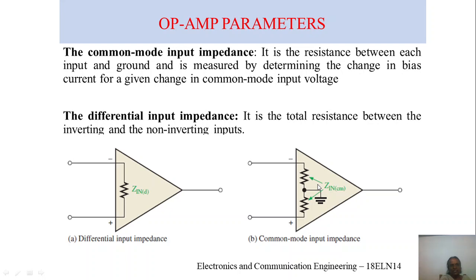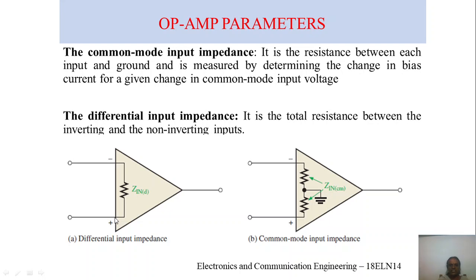Whereas the differential mode input impedance means that a single resistor is present between the inverting and non-inverting inputs. This is your non-inverting input, this is your inverting input, and a single resistor is present in between the inverting and non-inverting.